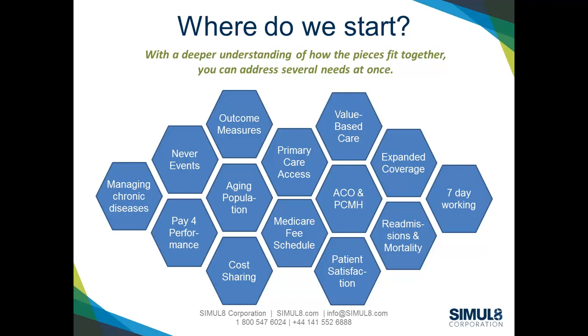In the UK, we have programs like 7-Day Working, which is really reevaluating the way we deliver care and the assumptions that we've had that are built into our current system. And so with all of these moving pieces, we've got to think about how do they fit together, and where do we start with all of these different initiatives that are happening, and then many priorities.